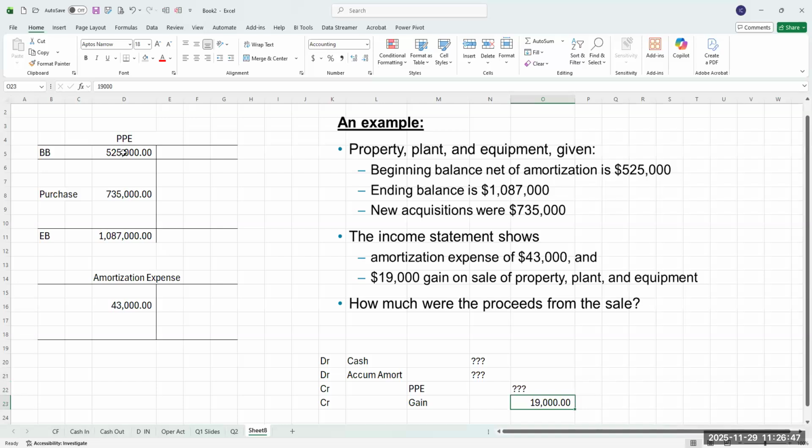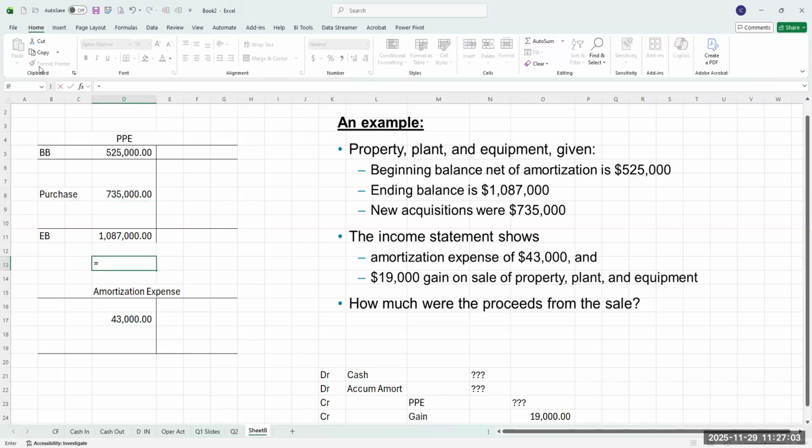Well, on the property, plant, and equipment, once we look at this account, I have this. So at this point, am I in balance? What that means is, if I add 525 plus 735, I'm not in balance.